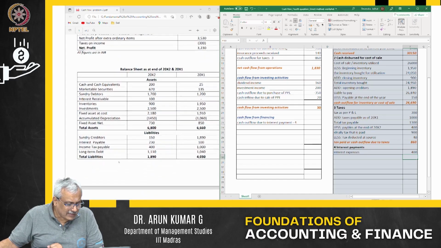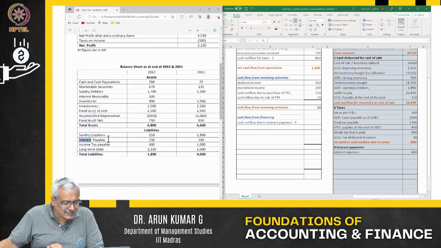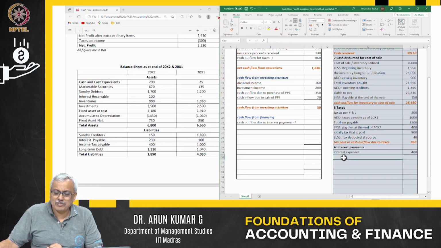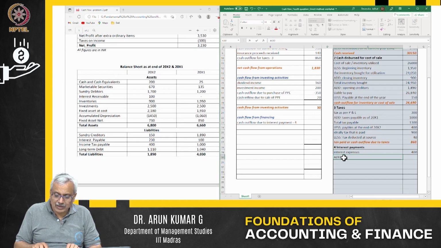Whereas if I go to the balance sheet, I see interest payable last year is 100. So, how much is the total interest payable? I add the payable at the beginning of the year, 100.